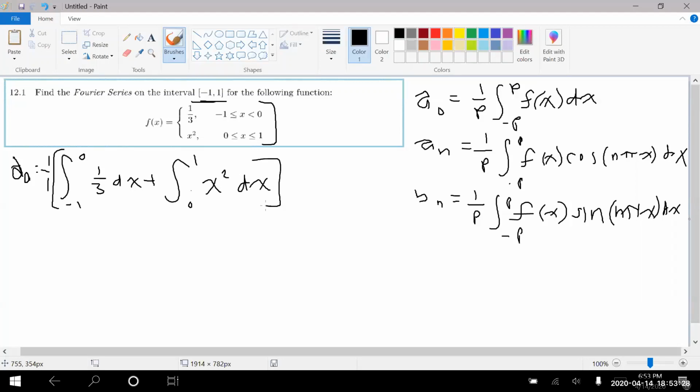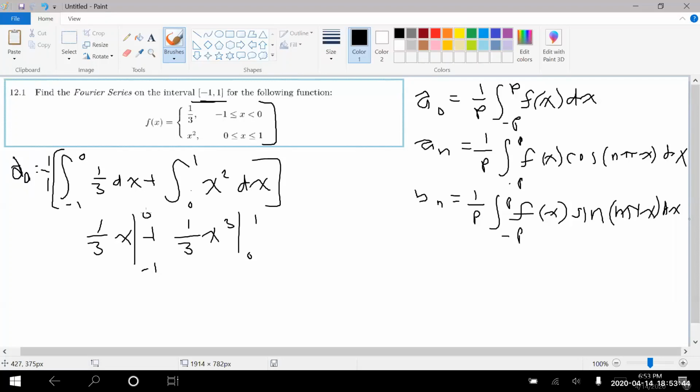Evaluating this, you should get 1/3 x plus 1/3 x cubed, evaluated at 0 and 1, and at negative 1 and 0.